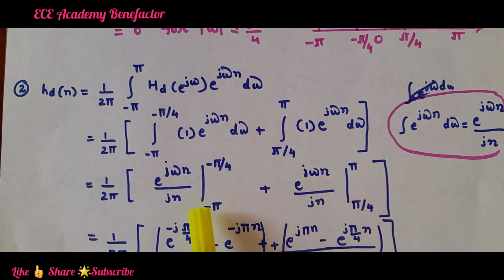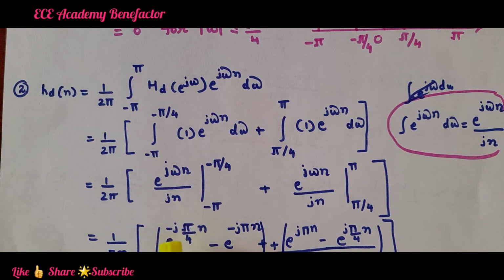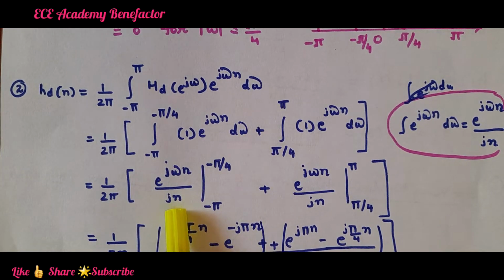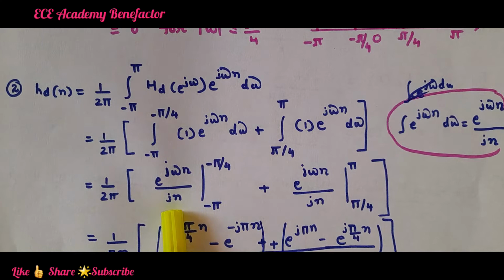Then we substituted the upper limit and the lower limit, and we have rearranged the denominator part, taken pi n outside and 2 inside. So, it is now becoming 2j.